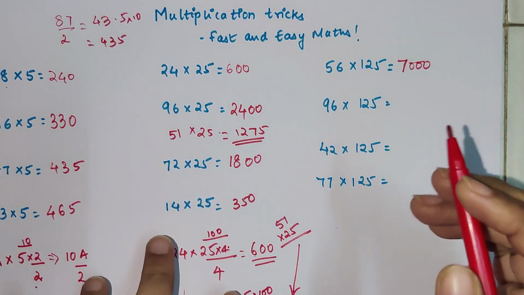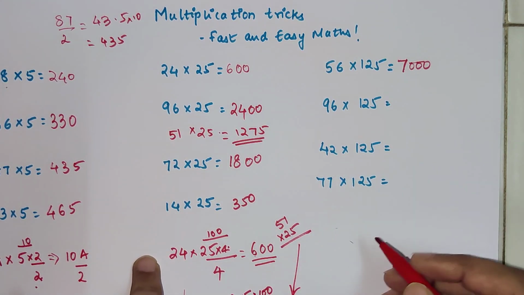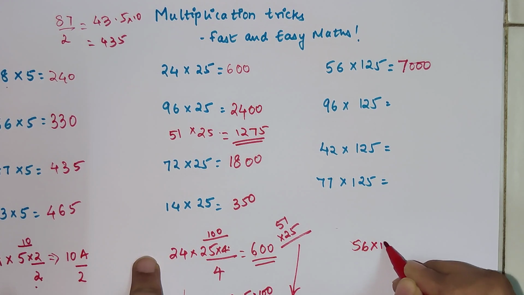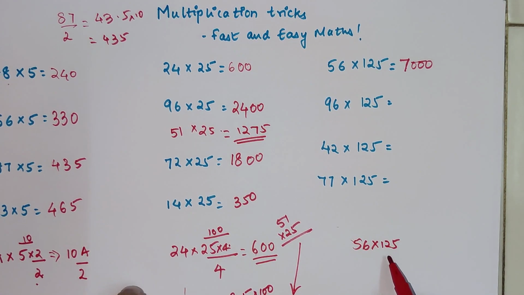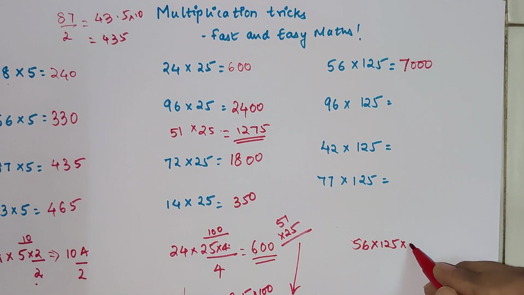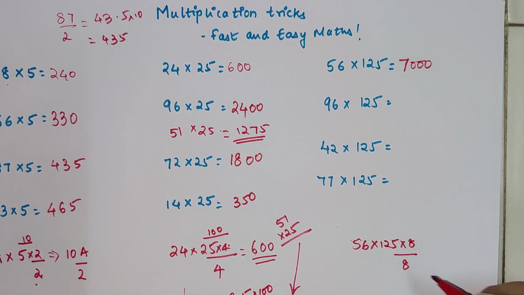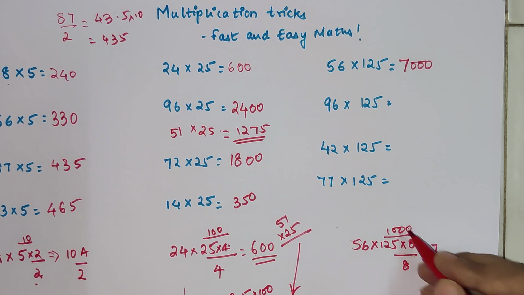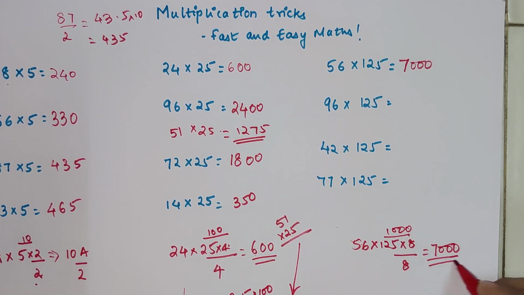Now for this one, when you have 56 into 125. As you all know, I can't convert 125 into 100, but I can convert it into 1000 by multiplying by 8, and dividing by 8. So now 56 divided by 8, you just get a 7, and 7 into 1000, you're just going to get your 7000.